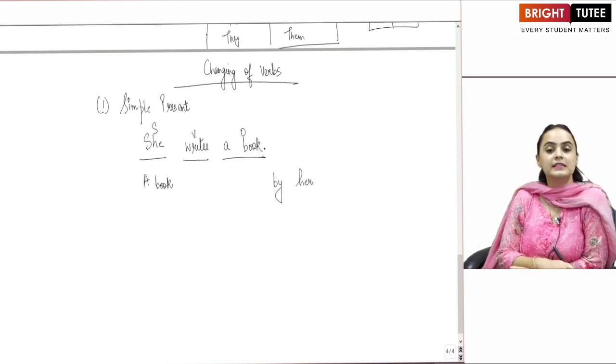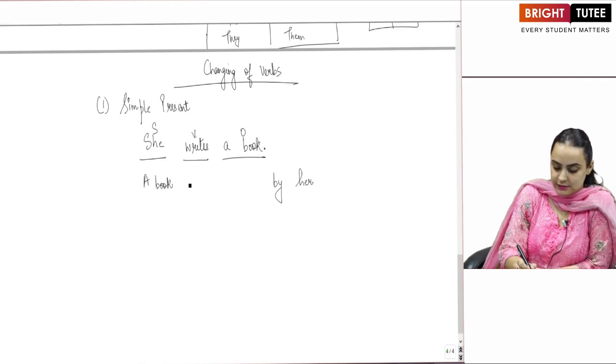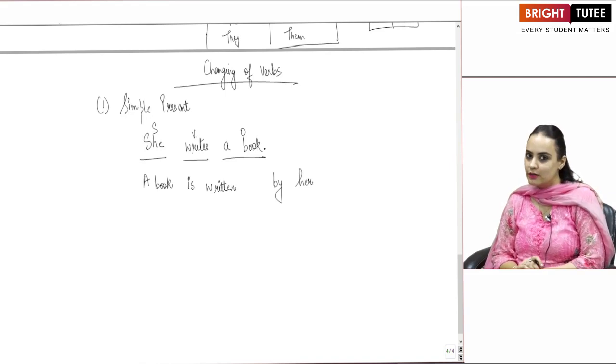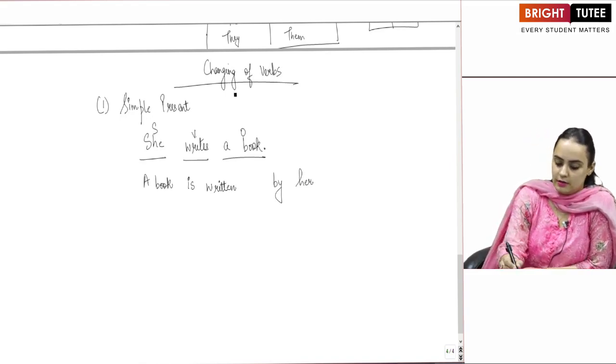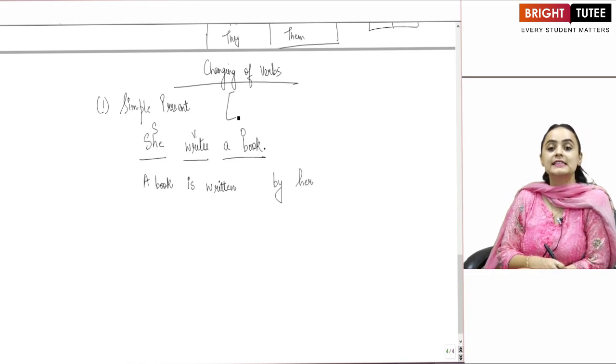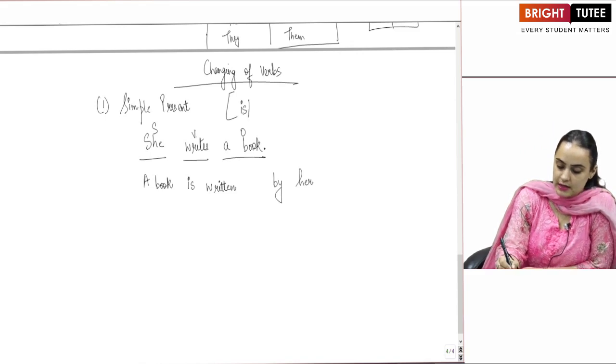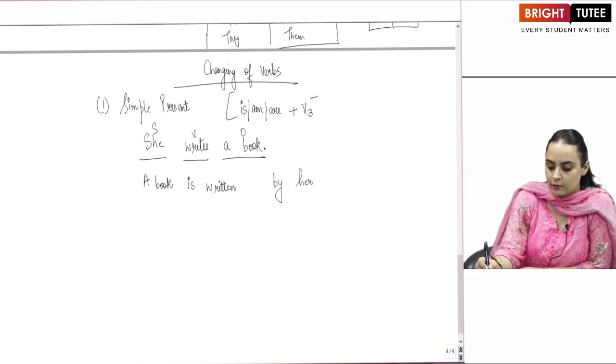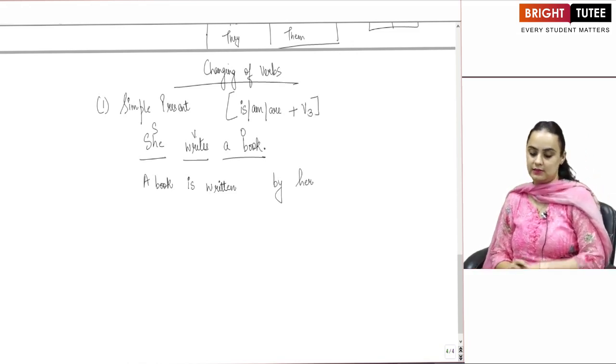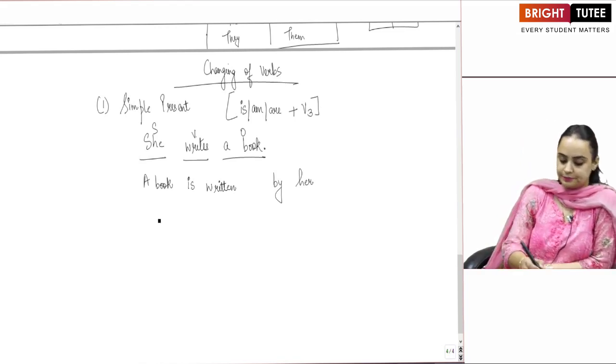Whenever my verb is in simple present tense, the rule to change it is is, am or are plus the third form of the verb, which is written. Let us take more examples.